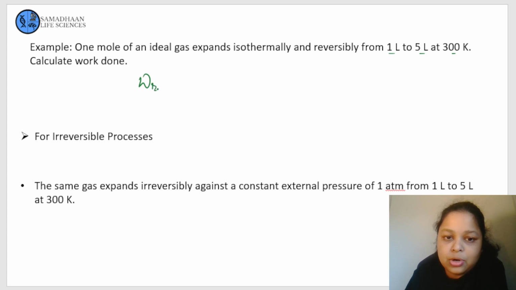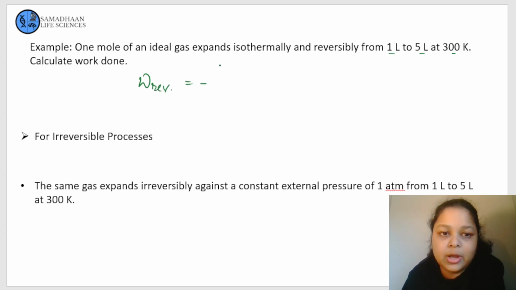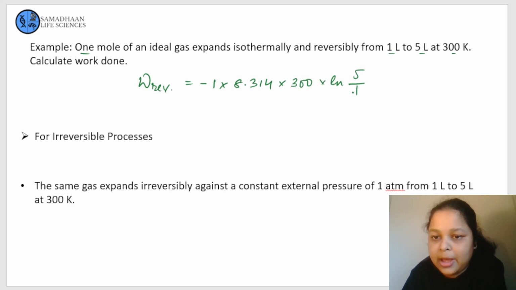So W reversible is equal to minus nRT ln V2 by V1, so 1 into R, 8.314, into temperature 300, into ln 5 by 1, and this will come to around 4000 joule.